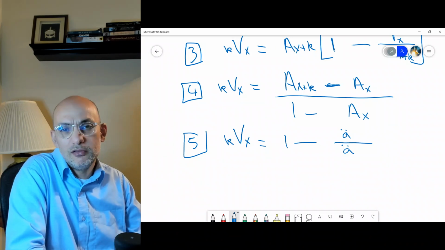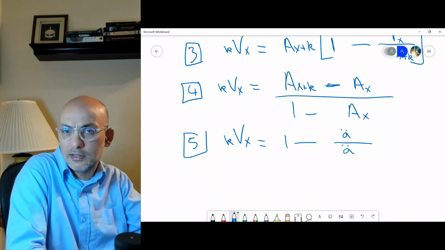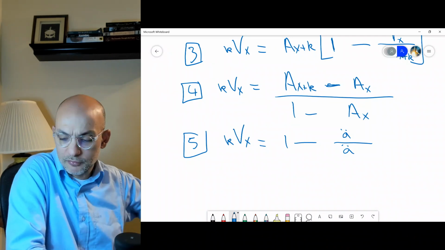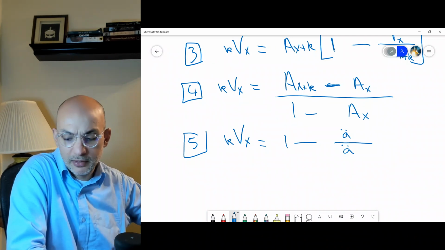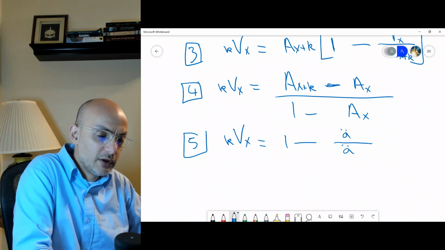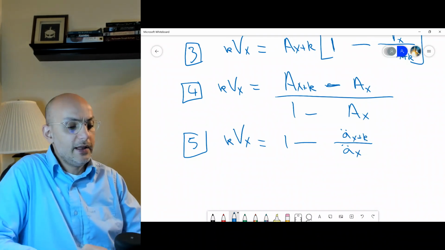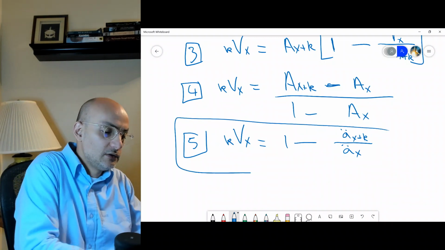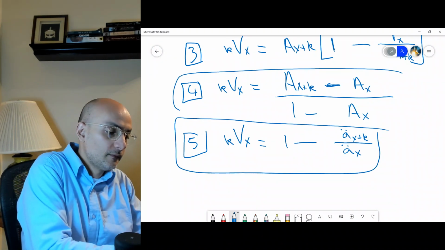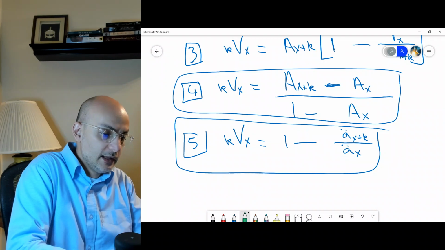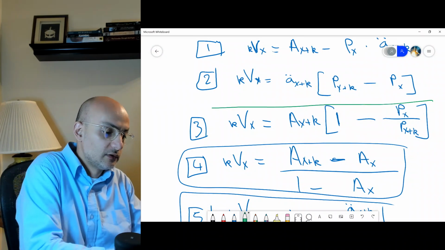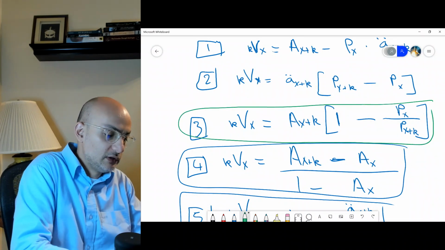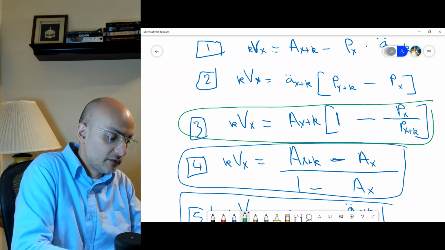Because from 30 until life expectancy in the 90s, it's a lot of money, but at 90 you have only a couple of years. So the smaller one will be x plus k for the annuity, and here x. Any of these formulas you can use to help you. It depends on the context of the question.